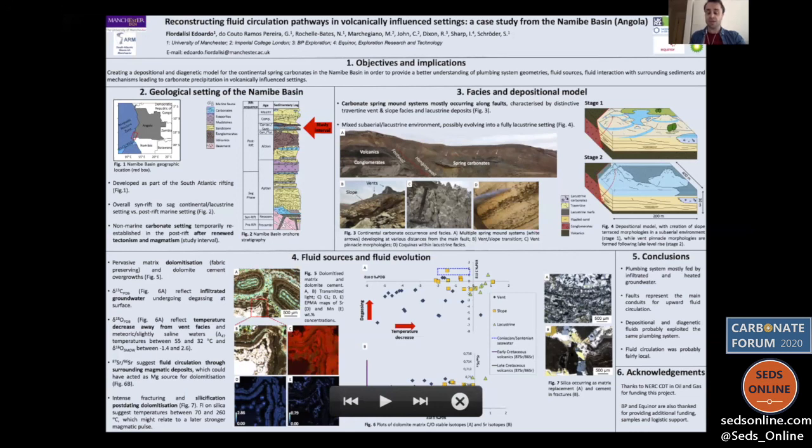And fluid inclusions in silica crystals suggest temperatures up to 260 degrees, which might relate to a later and stronger magmatic pulse. Thanks very much for your attention, and please come to my breakout room for further discussions.